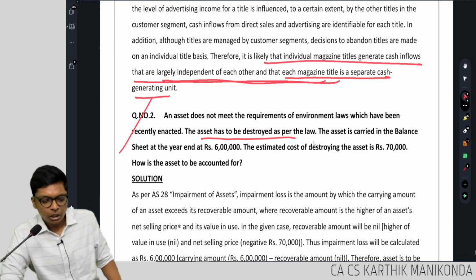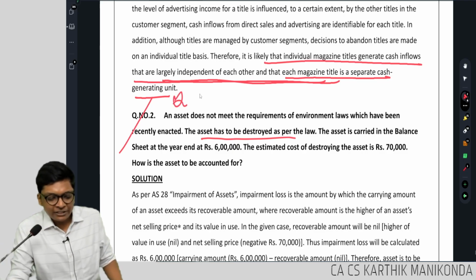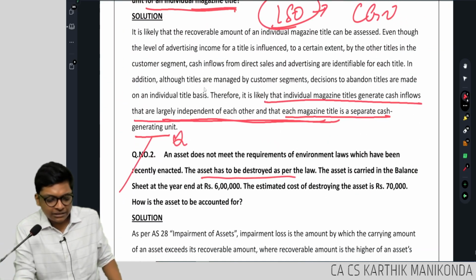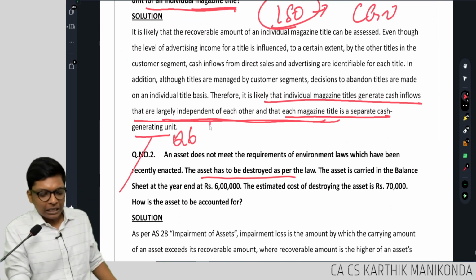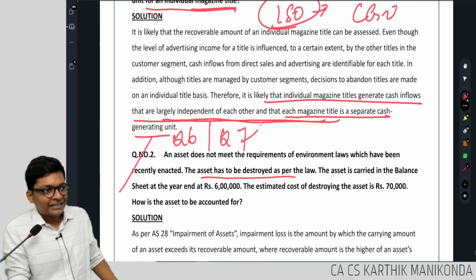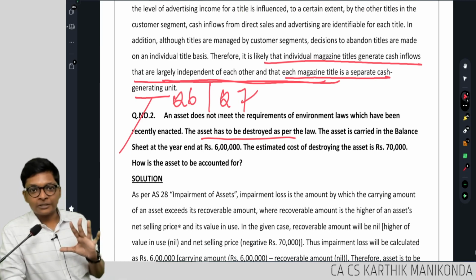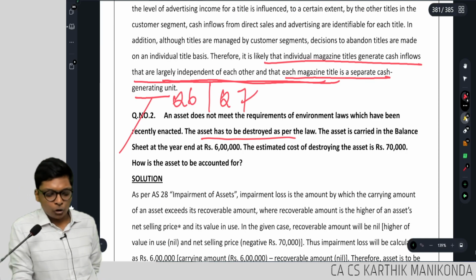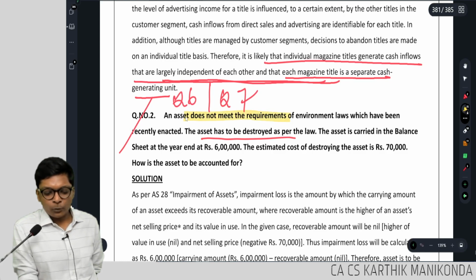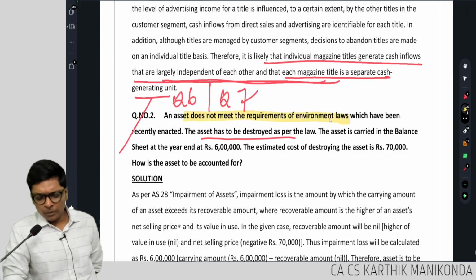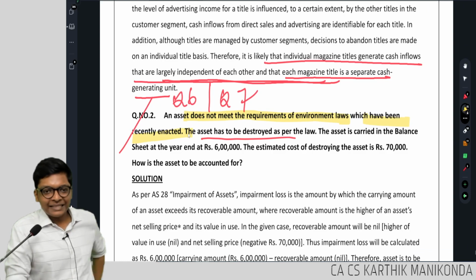That will come next. Okay, do question number 2, question number 6 for those who have the book, ICAI study material question number 7. Practical questions. We have to do all sums in the book, including practical, guys. Follow. An asset does not meet the requirements of environmental laws which have been recently enacted.